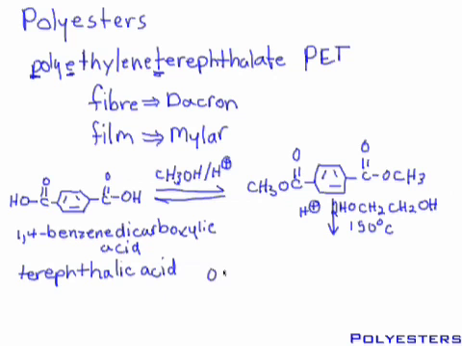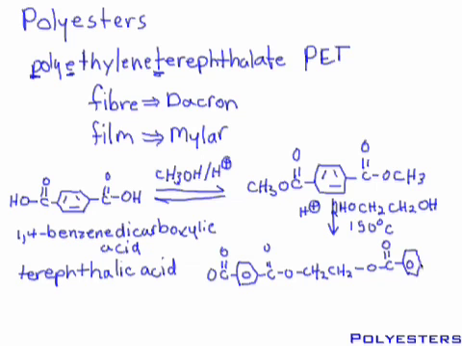We're going to get O, C double bond O, C double bond O, O. We're going to have our CH2, CH2, and it's going to attach to another terephthalate, and this is going to continue.